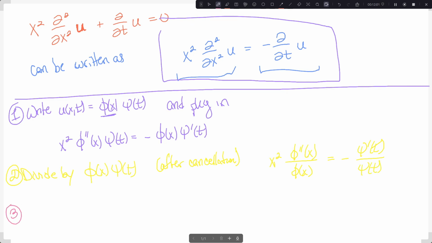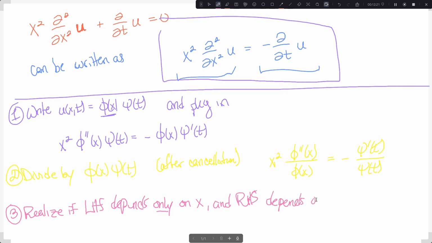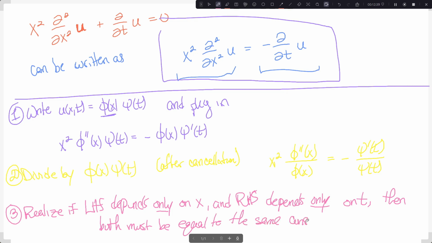Step 3 is realize if the left-hand side depends only on x and the right-hand side depends only on t, then both must be equal to the same constant, which we always call lambda.